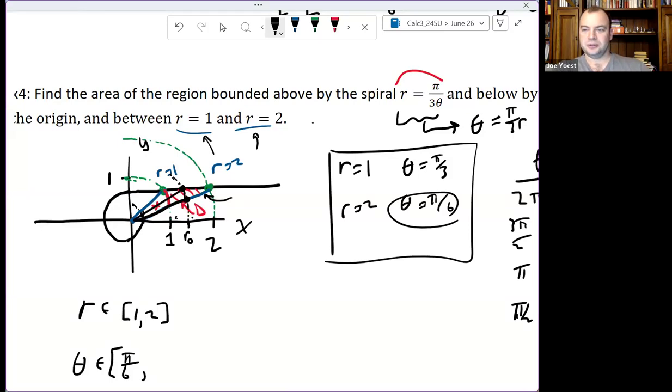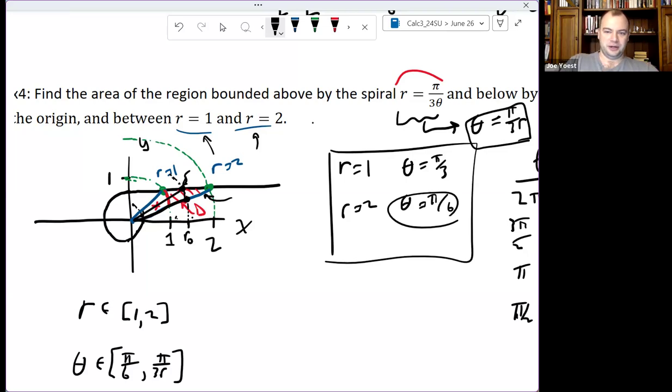And then we go up to, for the r that we chose, the theta where we have to stop, where we intersect the spiral at that r, which is pi over 3r. I just got that by solving r equals pi over 3 theta for theta. So theta starts at pi over 6, that lower blue straight line, and then goes counterclockwise until it hits the point of intersection between the spiral and that circle with radius r naught.